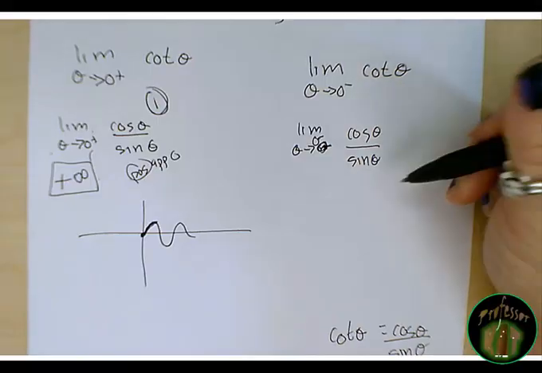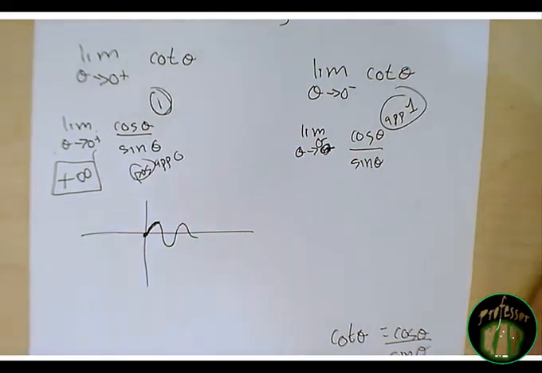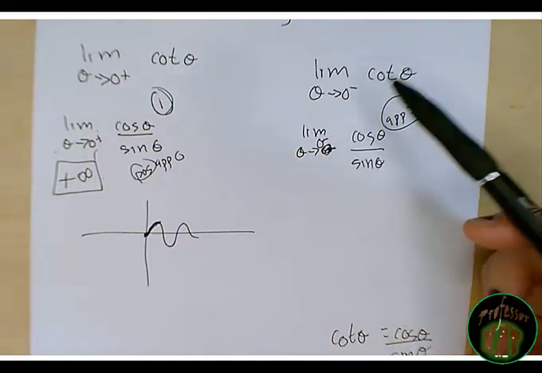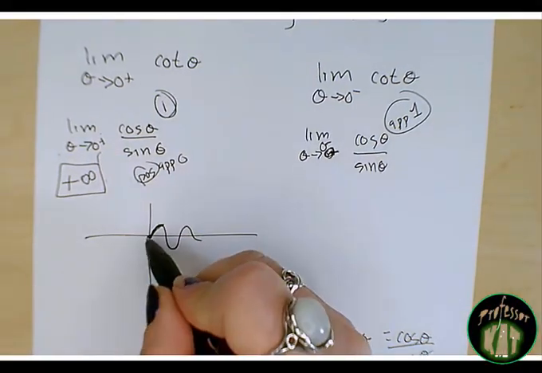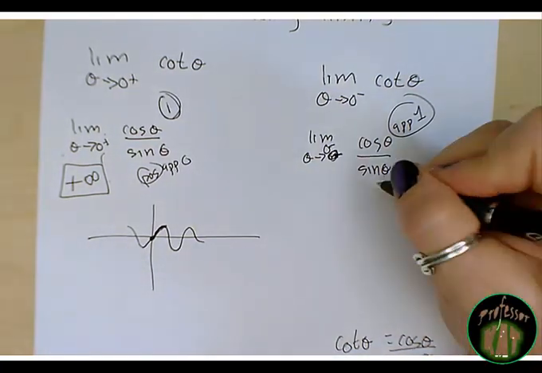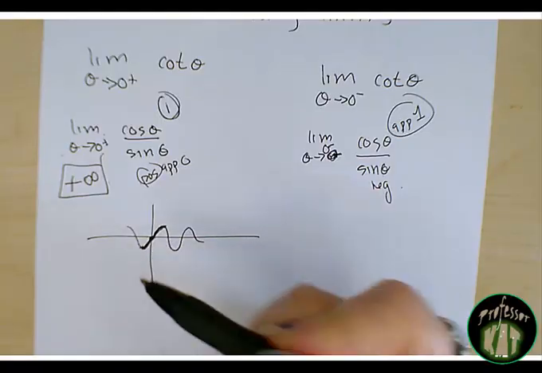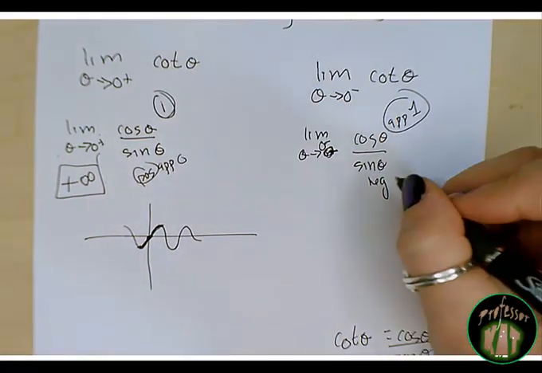Now, cosine of 0 is still 1, so our numerator is still going to approach a positive 1. Now, sine theta from the left of 0 is negative. It's negative and it's going to approach 0. So we're looking at it from this side here.